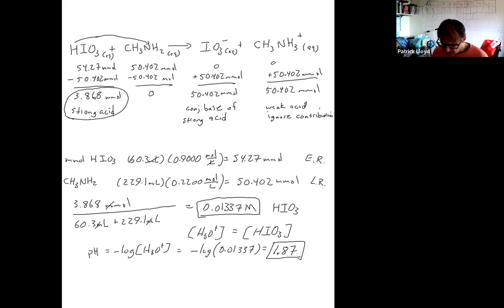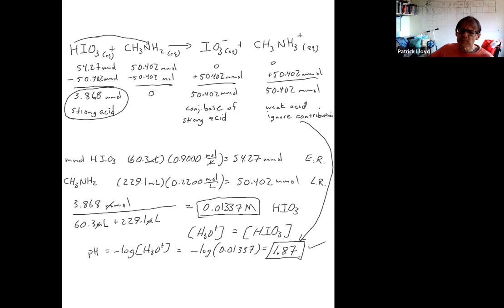A little under 2, right? So it is quite possible that the weak acid that we have here might lower that to 1.86 or even 1.85, but it's a really small difference, and it's something we generally can ignore. It's a lot of effort to calculate that. I mean, we can do it, but for this type of problem, we're not going to.